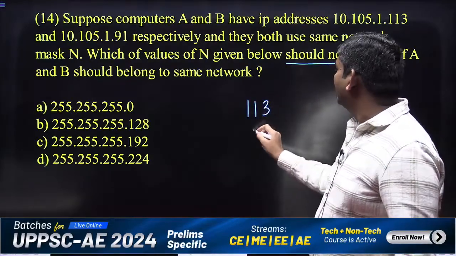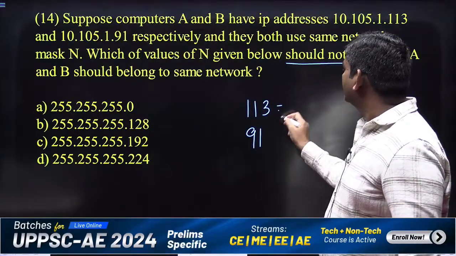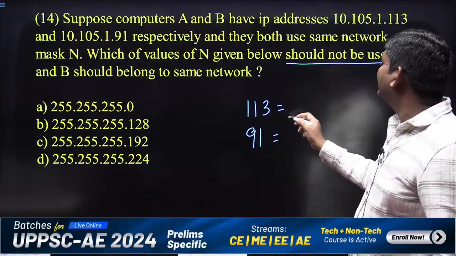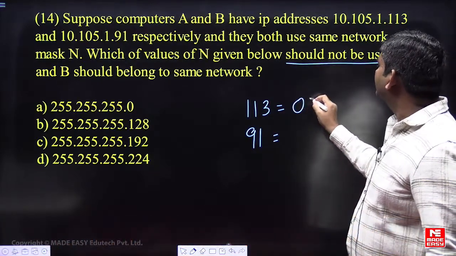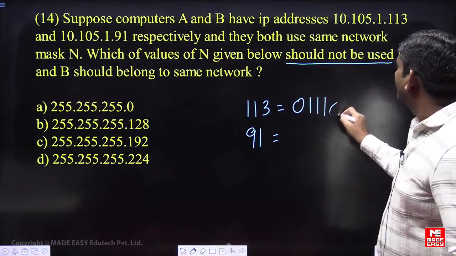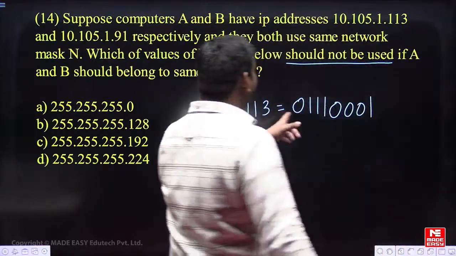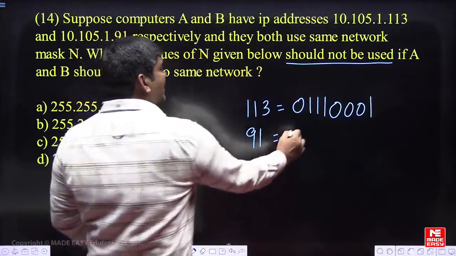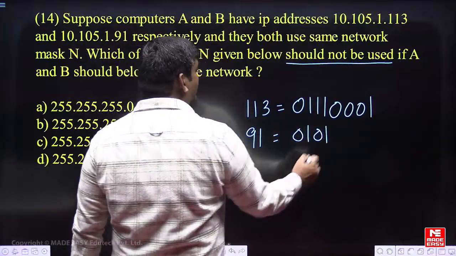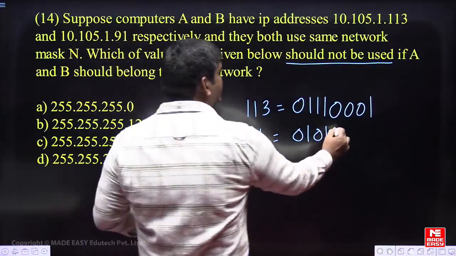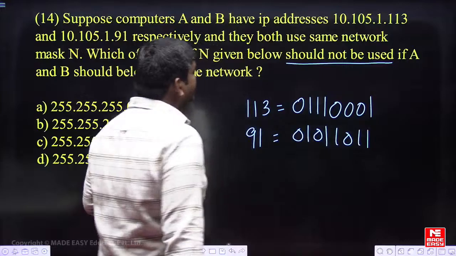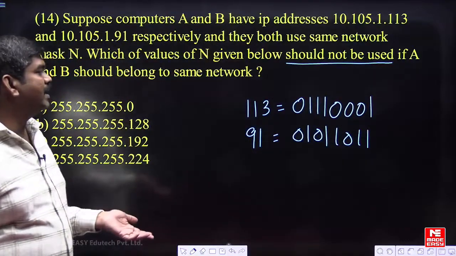If I convert into binary, 113 I can write as 0111 is 112, followed by 3 zeros and 1, because 112 plus 1 is 113. 91 I can write as 0101 is 80, plus 11 is 1011. So that is how I have written these two addresses.